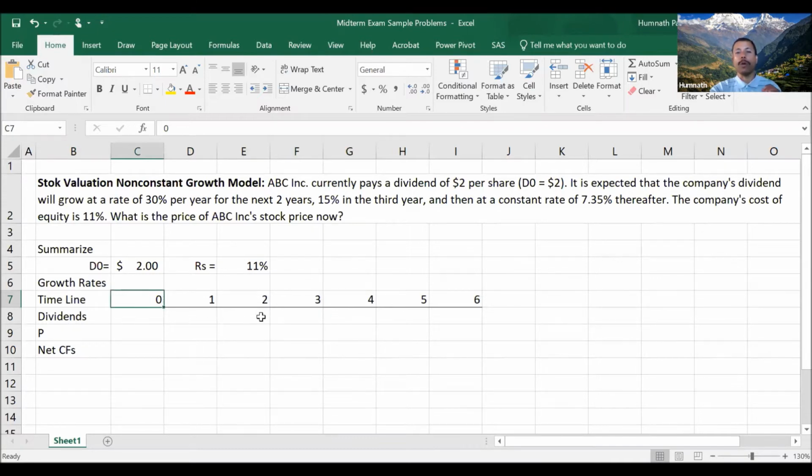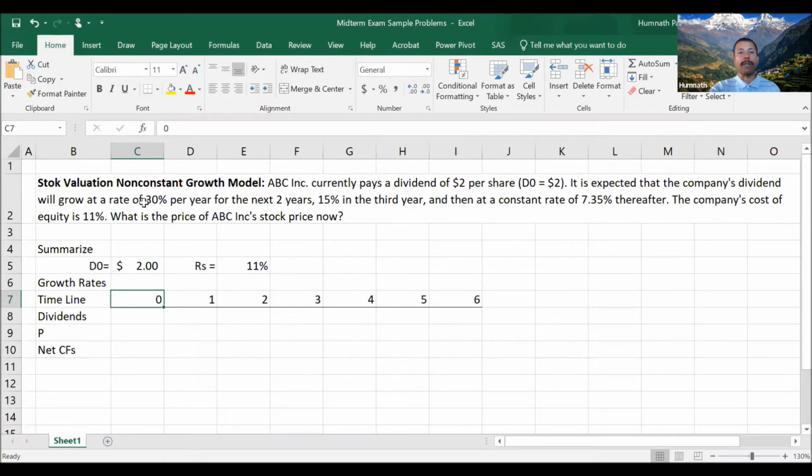We can keep going forward for years and years to compute the dividends and calculate the present value of all the dividends. That's one way to do it. But another way is to apply the constant growth model. When the dividends start growing at a constant rate, we stop calculating the dividends.